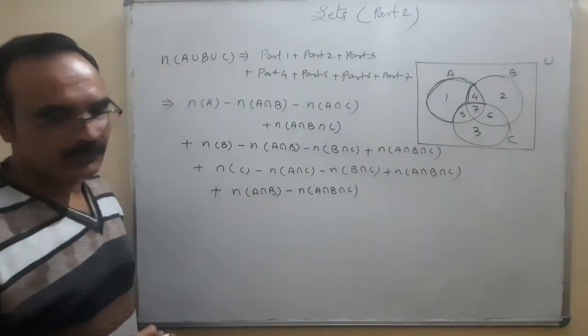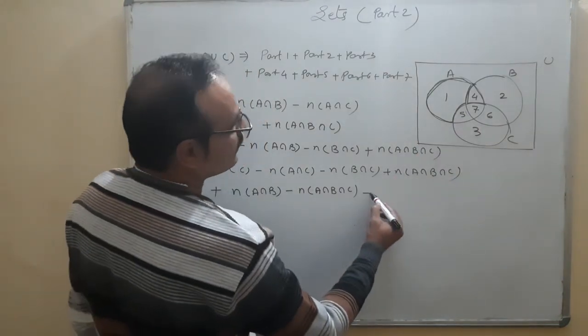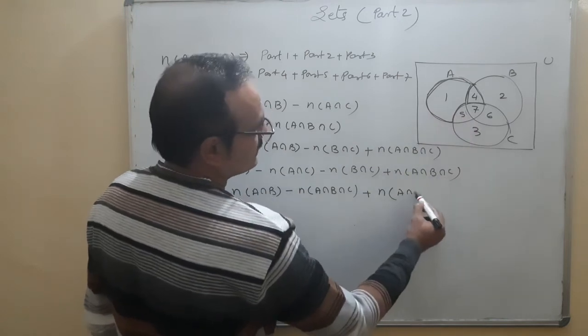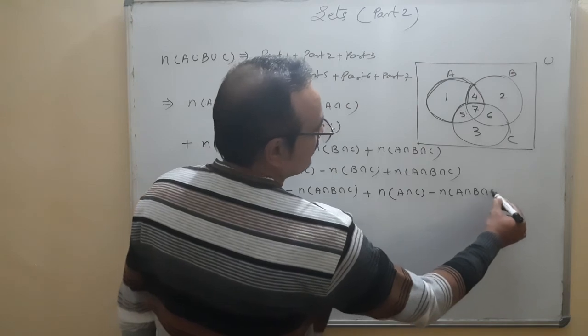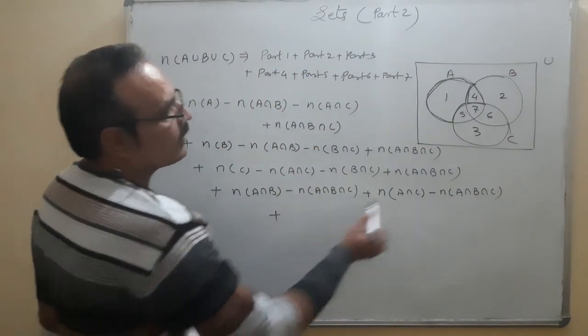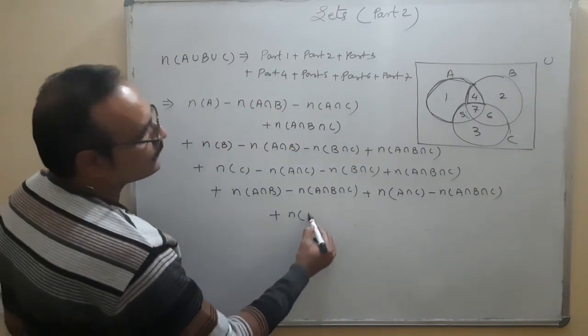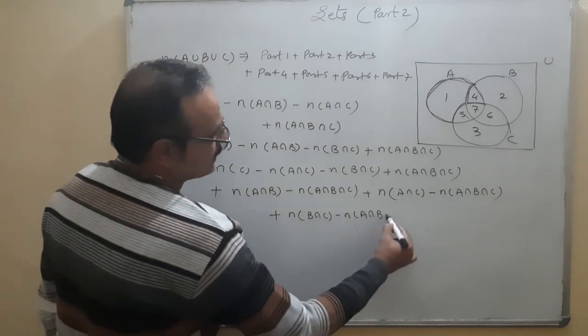Part 4. Part 5 is n(A ∩ C) minus n(A ∩ B ∩ C). Part 6 can be written as n(B ∩ C) minus n(A ∩ B ∩ C).